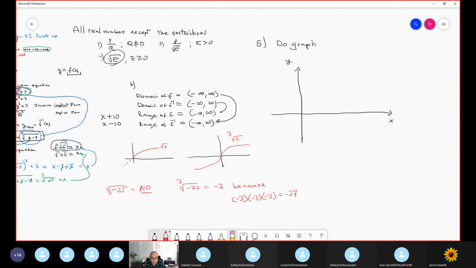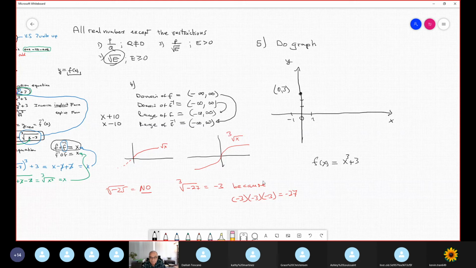Okay, the original function was x cubed plus 3, no? So we have one famous point, which is the point 0,3. And for example, let me try to evaluate at 0, at 1, and at negative 1.